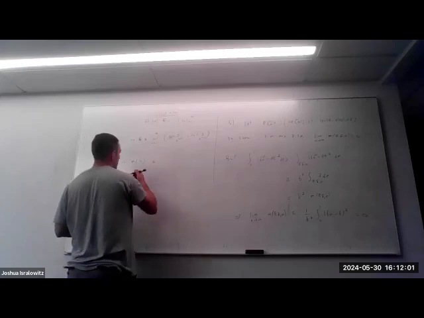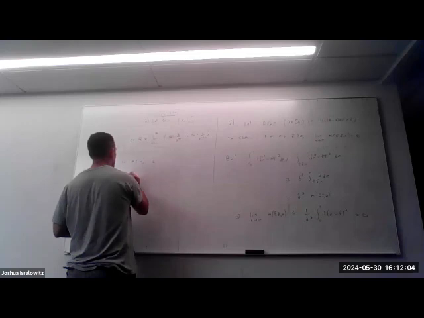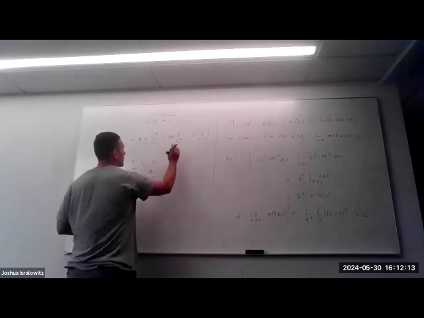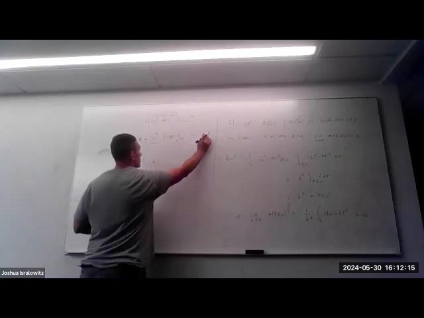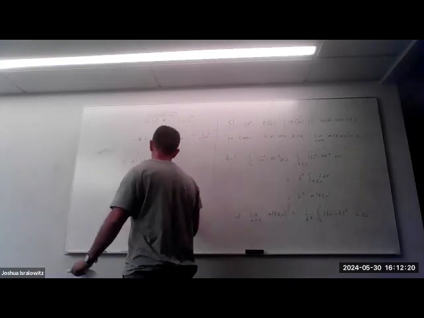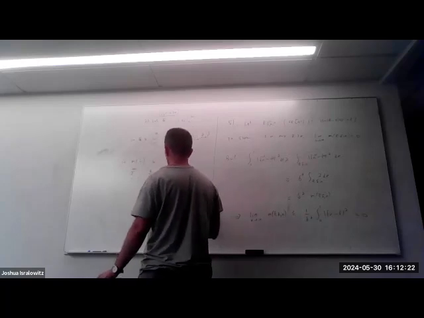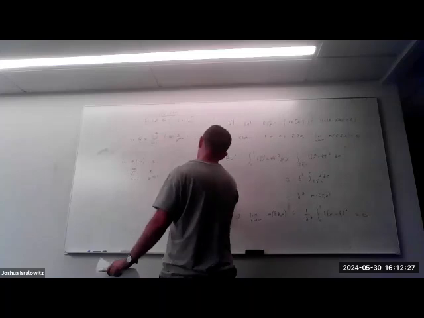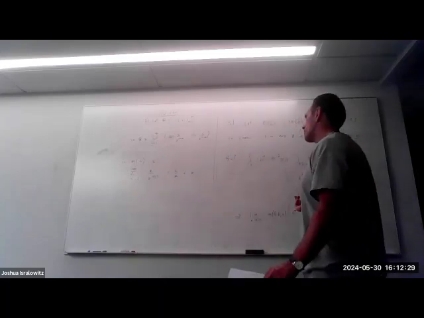The measure of U, by countable subadditivity, is less than or equal to epsilon over, and I guess really I want 2, so this is plus 1. If it just adds up to epsilon, that's fine, but strictly speaking, it says less than epsilon.